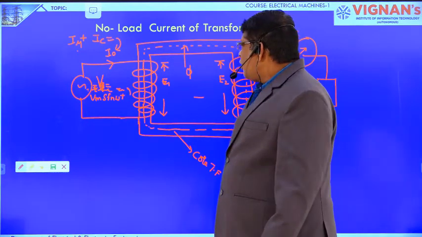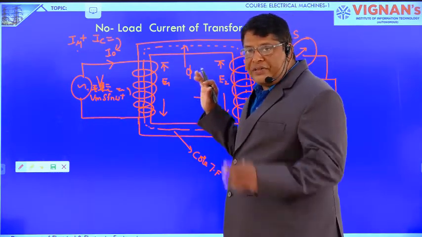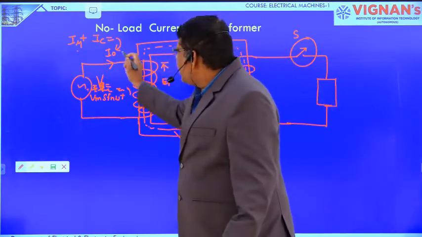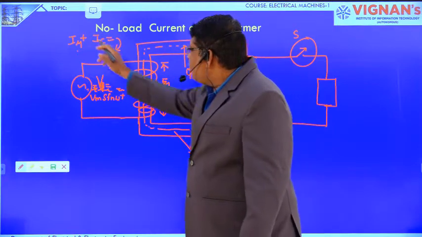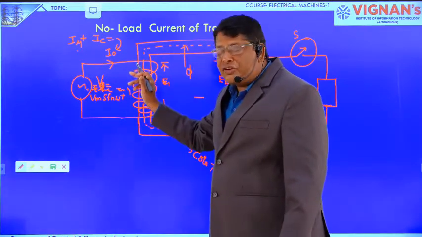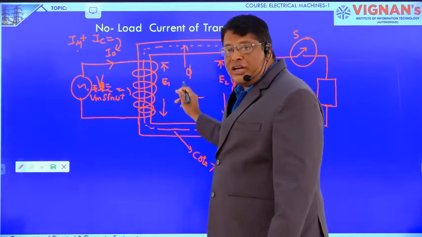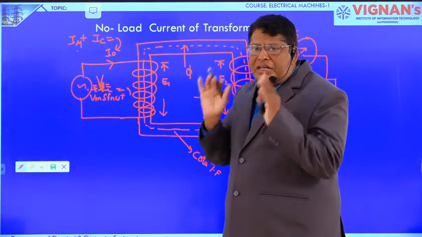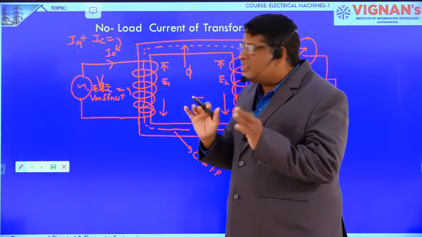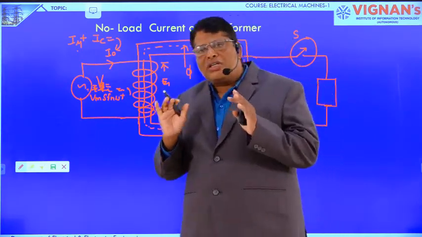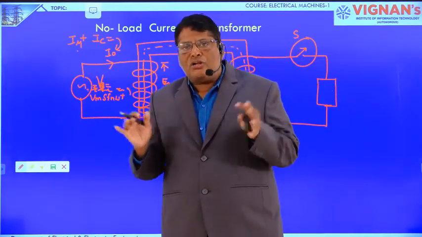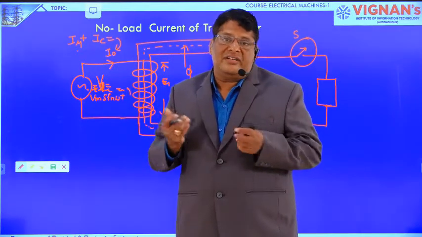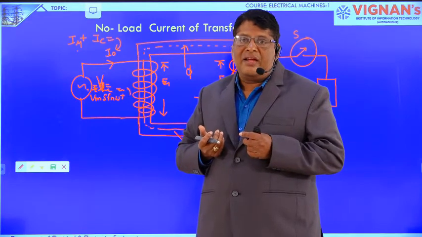Now we are going to represent all these quantities as sinusoidal quantities. I0 is sinusoidal, I mu is sinusoidal, IC is sinusoidal, the flux is sinusoidal, E1 is sinusoidal, and E2 is also sinusoidal. Whatever physical quantity is there in a transformer, all those quantities are sinusoidal, so we can represent them with a phasor.